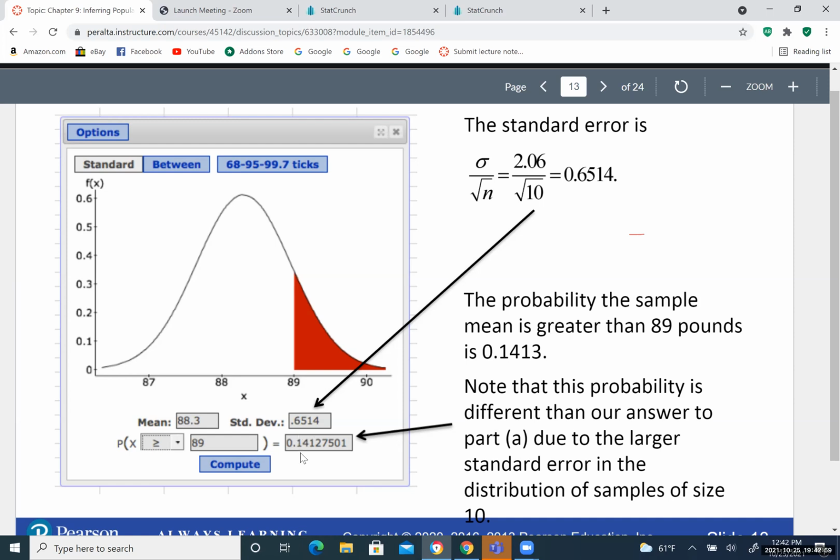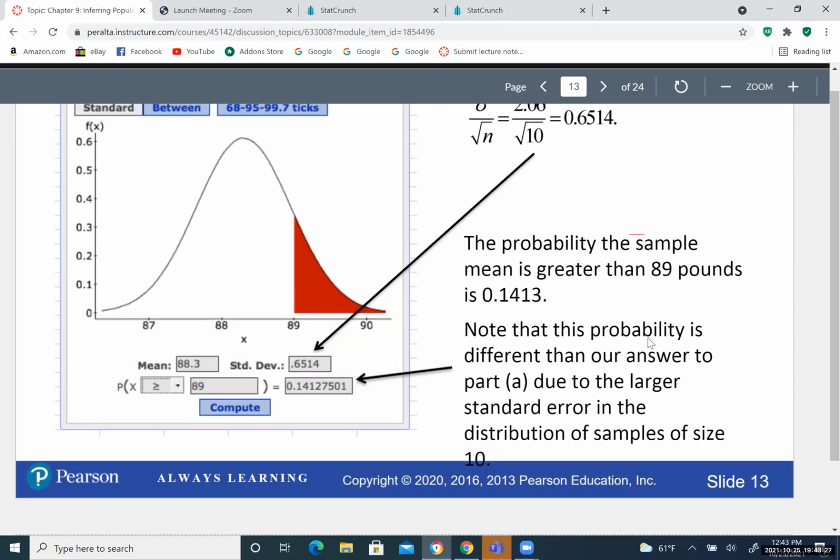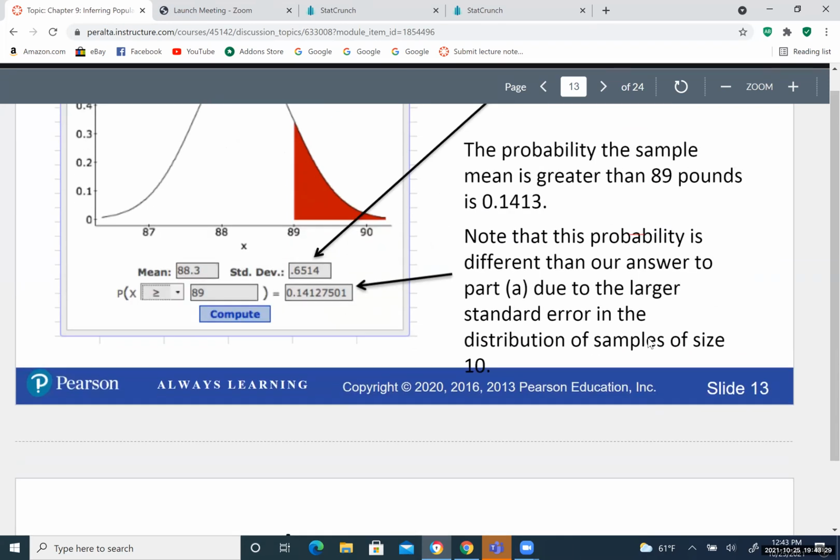When you multiply by 100%, you get 14.1%. So the probability the sample mean is greater than 89 pounds is that value. So what does it say? This probability is different than our answer to part A due to the larger standard deviation in the distribution. So it looks like if the size is small, the less accurate you're going to be.